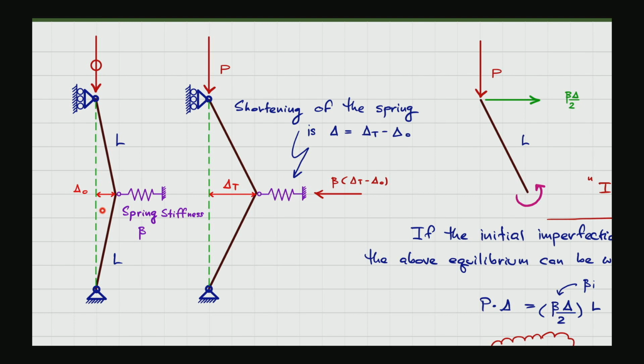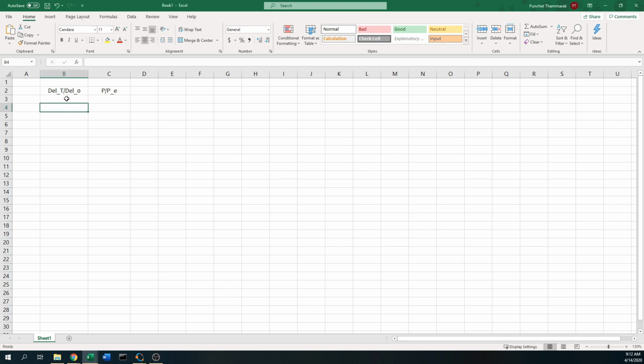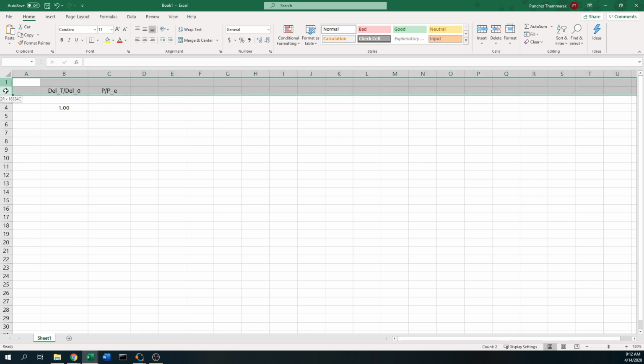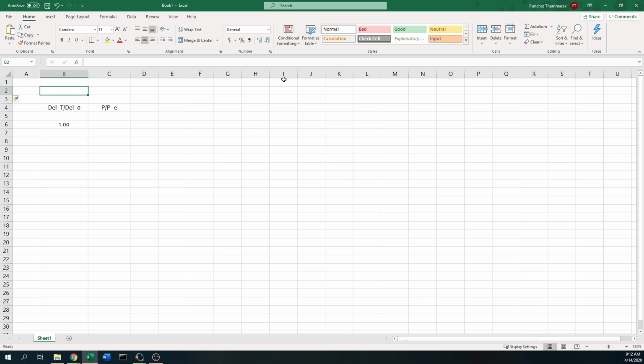That's what I am trying to say. So the smallest value of delta t over delta naught is equal to 1.0. That's the point. And over here I'm going to put just 1.0. And I can include the omega parameter just alongside here, and that was supposed to be omega equals 1. That is the ideal brace stiffness.